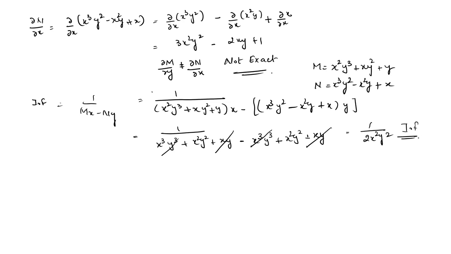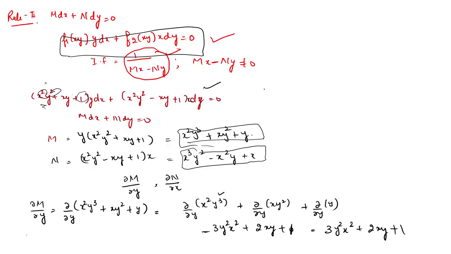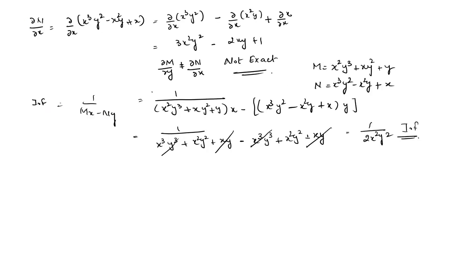As we have done in our previous method, after finding the integrating factor, what will we do? We will multiply this integrating factor with our equation. What is our equation? x square y square plus xy plus 1 times y dx plus x square y square minus xy plus 1 times x dy.